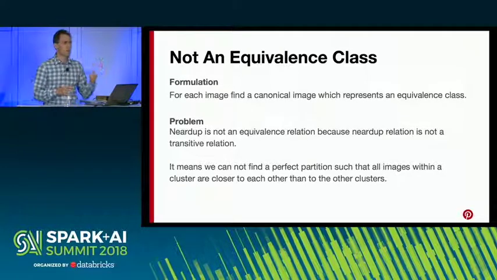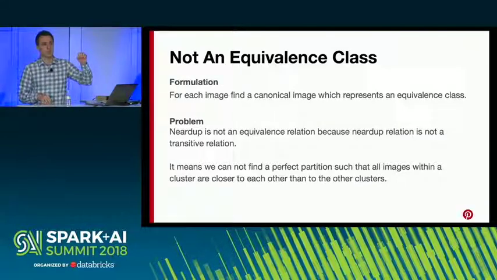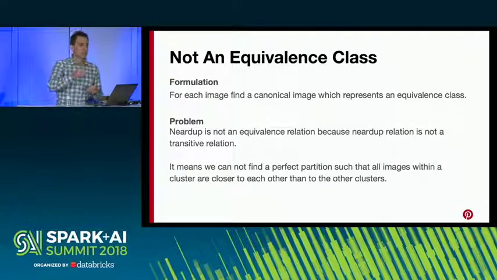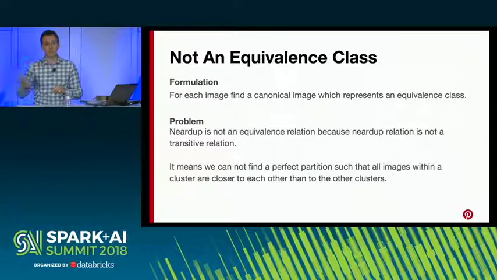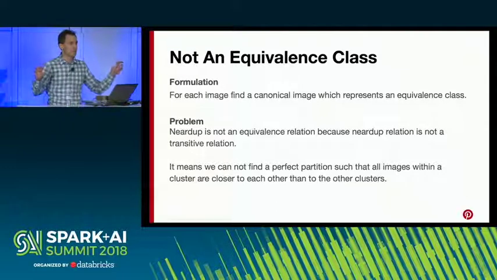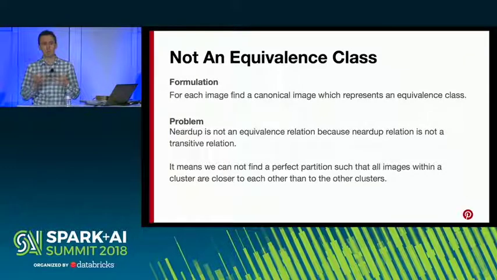You can take a toy example and see that. Imagine you start with an image of a cat, and over 1,000 different iterations, little by little, you morph it into an image of a dog. And of course, those are very different classes. But at each iteration, the change is so small that it's well within the near-dupe distance. So how do you look at that sequence and partition it into classes? Is there a class of cat and a class of dog?